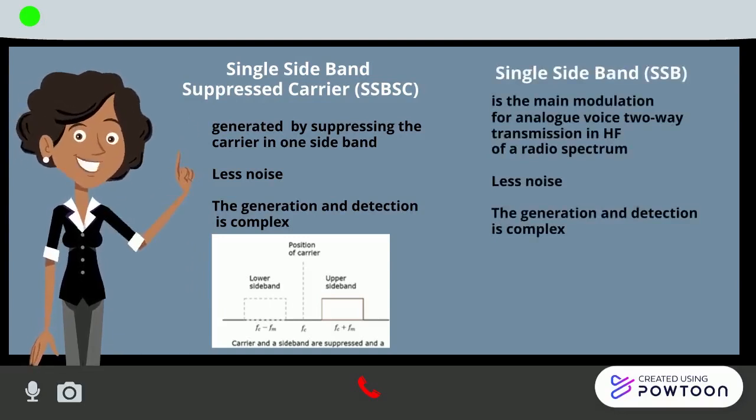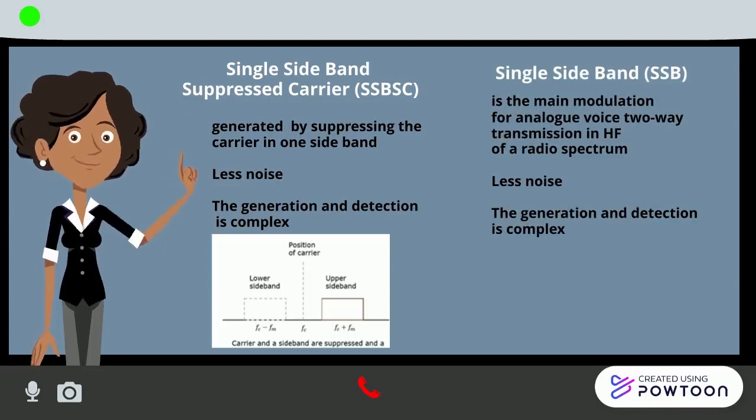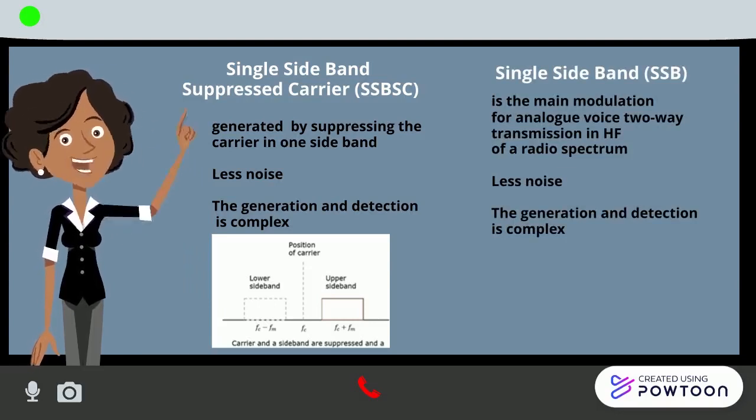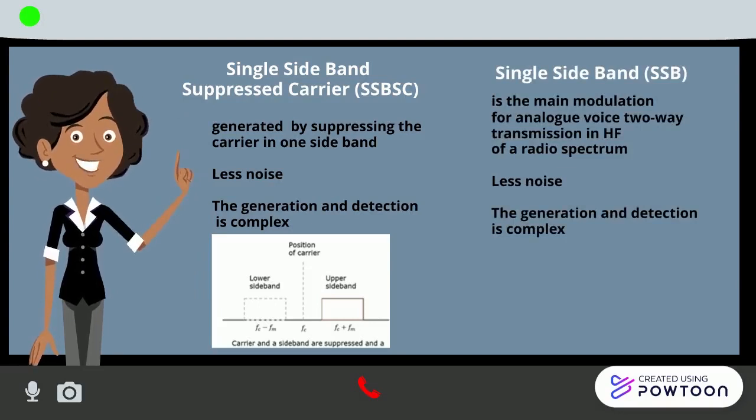Okay, so now I will explain about SSB modulation. SSB modulation is basically a derivative of amplitude modulation, AM. By removing some of the components of the ordinary AM signal, it is possible to significantly improve its efficiency. SSB is the main modulation format used for analog voice transmission for two-way radio communication on the high-frequency portion of the radio spectrum.